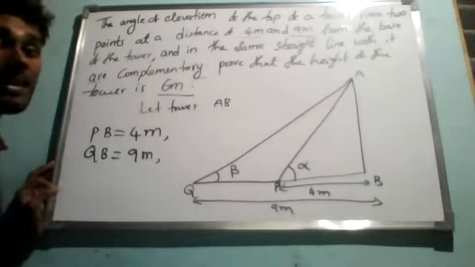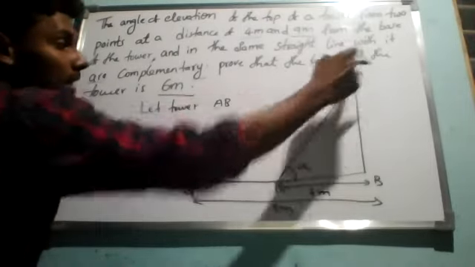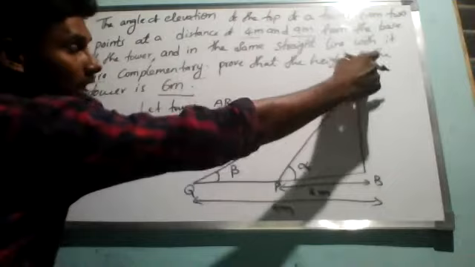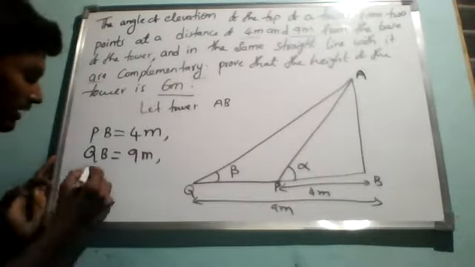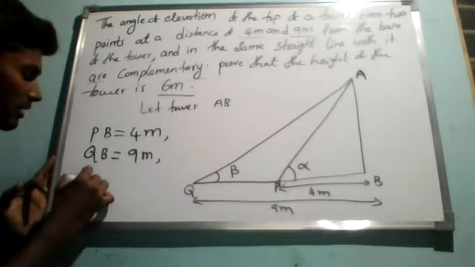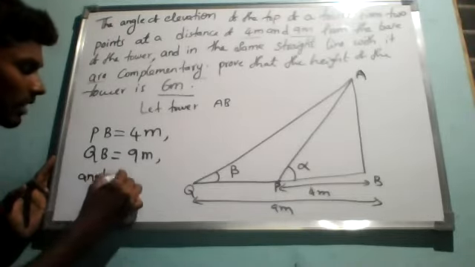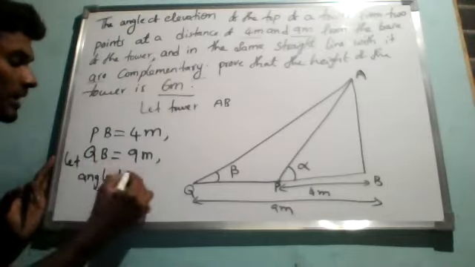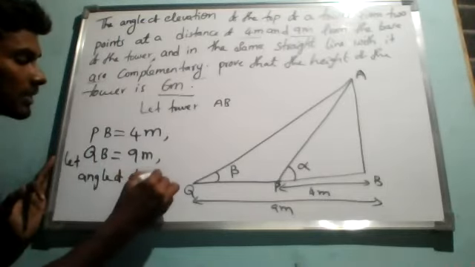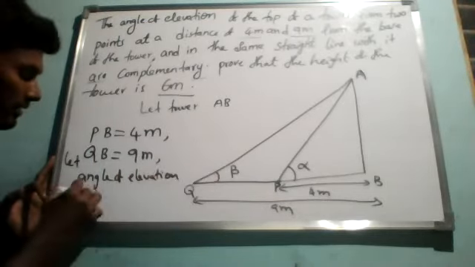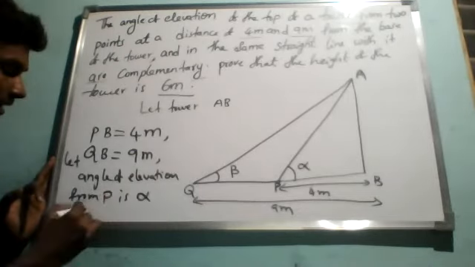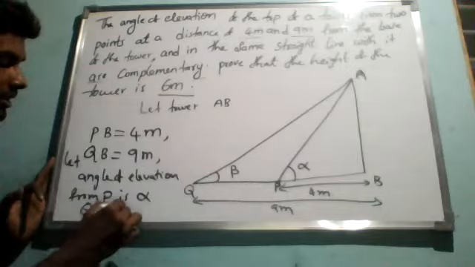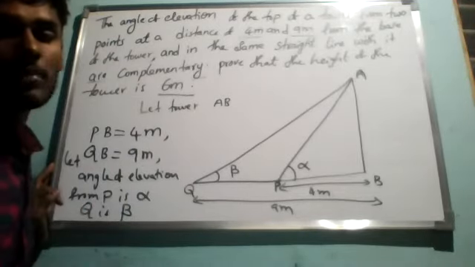The angle of elevation from P to A, the top of the tower, is alpha. So you need to write: let the angle of elevation from P be alpha, and from Q be beta.